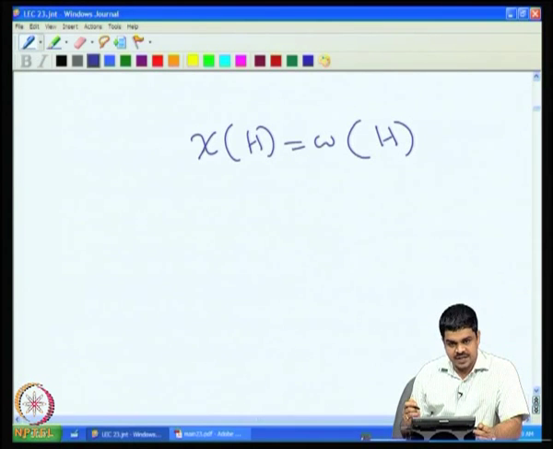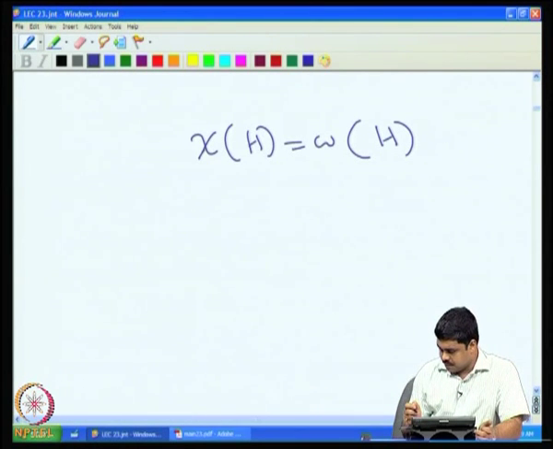So, induced subgraphs retain the property. So, we need not worry about all the induced subgraphs. We can just prove that if G is a complement of a bipartite graph, then it satisfies the property that the chromatic number is equal to clique number, omega, the biggest clique size.